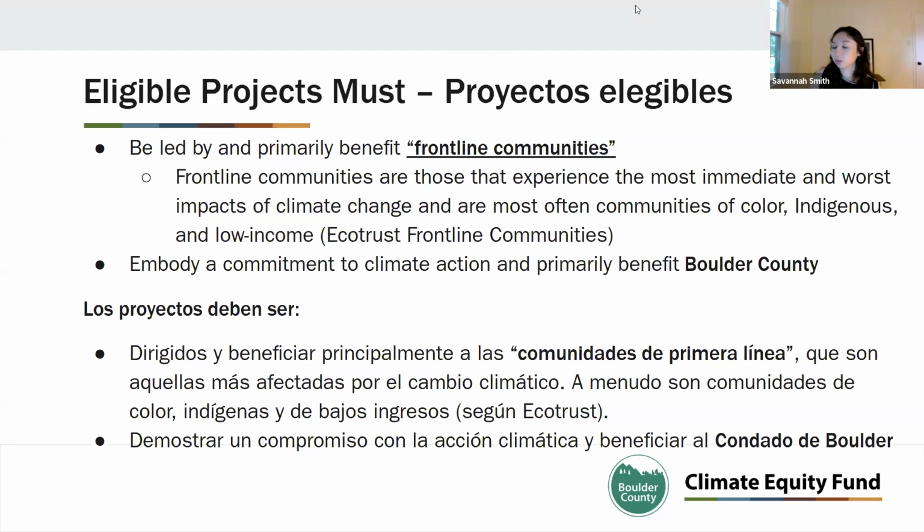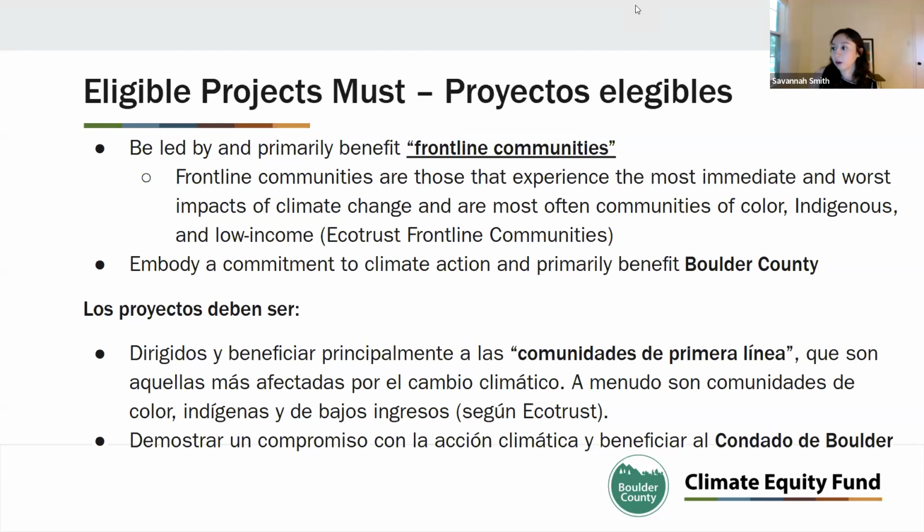So the definition is pretty open-ended. In your application, if you can speak to the specific community and how they are represented as being impacted by climate change, the evaluators are just trying to see that the project benefits frontline communities as well as is led by frontline communities.